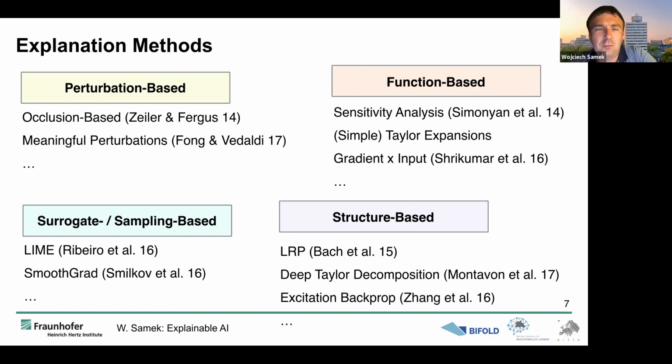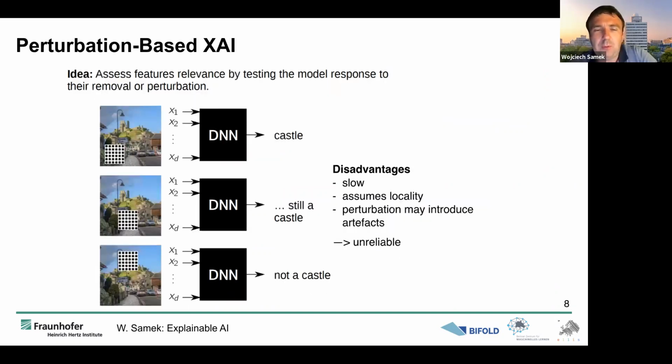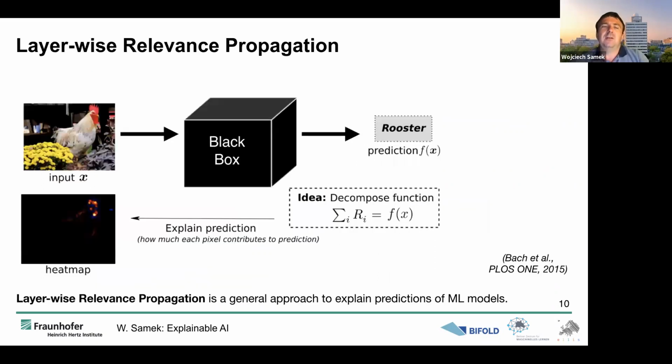What you could also do, once you have this explanation, is evaluate its quality or faithfulness by something called pixel flipping. You could distort or put some random noise on the pixels which are relevant, and then see how the model reacts to it.